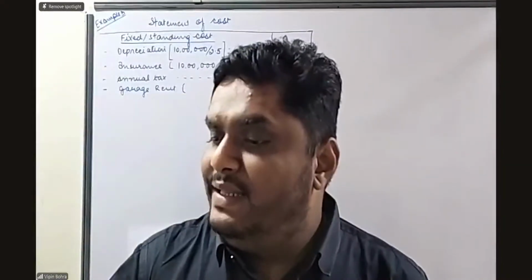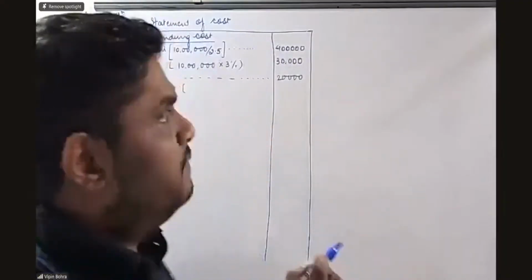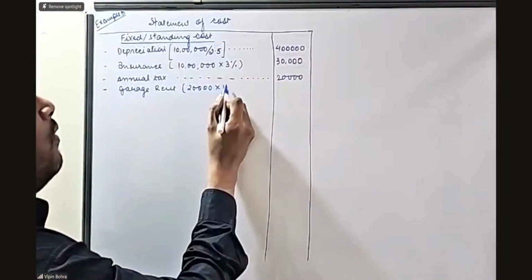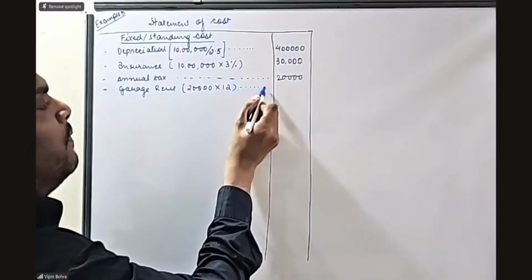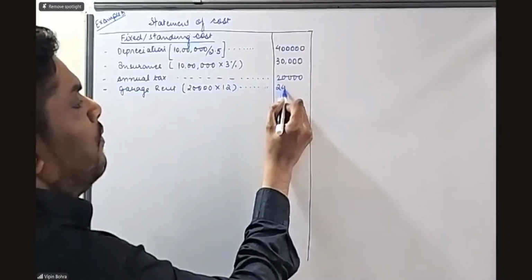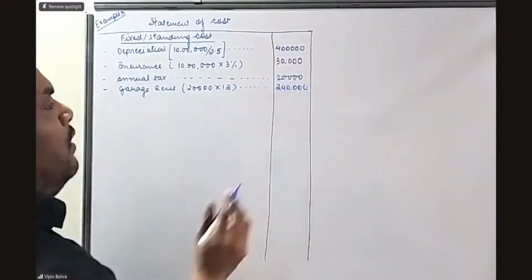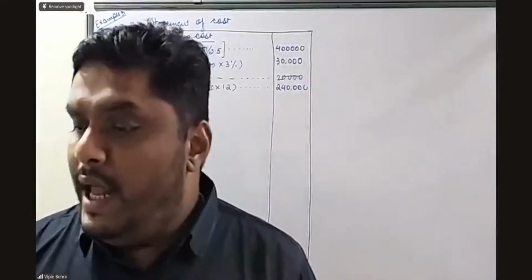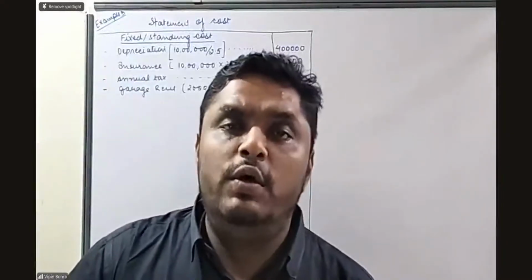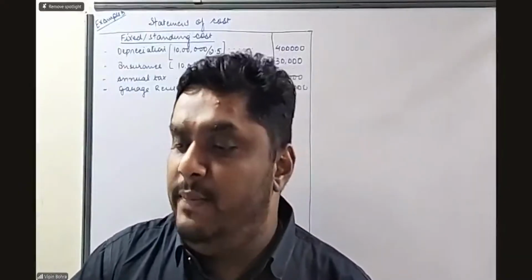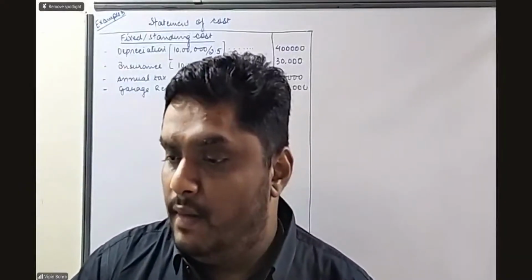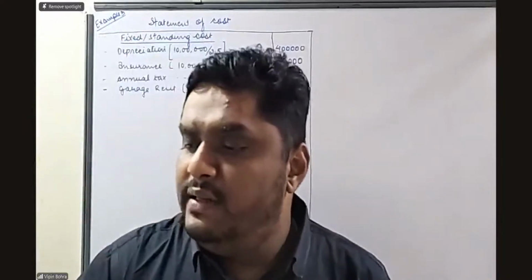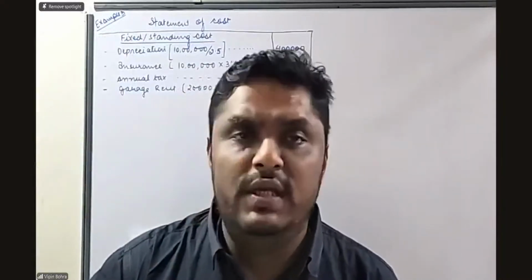Garage rent is 20,000 per month. So this will be 2,40,000. Now annual repairs 2,04,000 will go under repairs and maintenance. Now see, the driver's salary is 30,000 per month and the conductor salary is 25,000 per month.